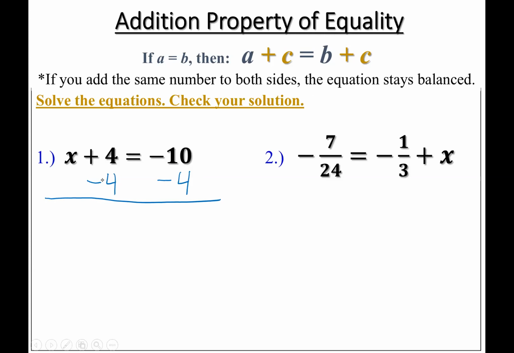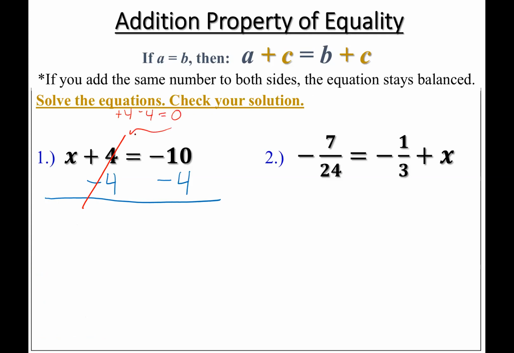I want that x to be by itself. Plus 4 minus 4, those are opposites. They add up to 0. So what I like to do is just cross them out. Plus 4 minus 4, I'm just drawing a line through them. But the reason why I'm doing that is because positive 4 minus 4 equals 0.